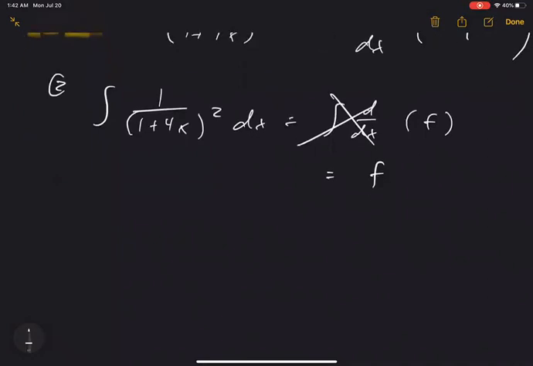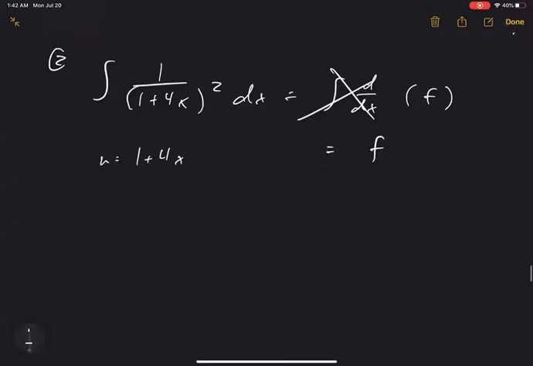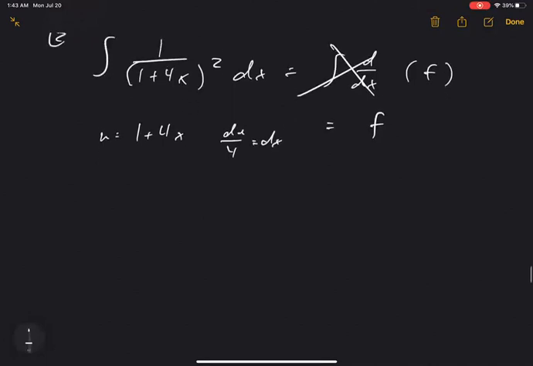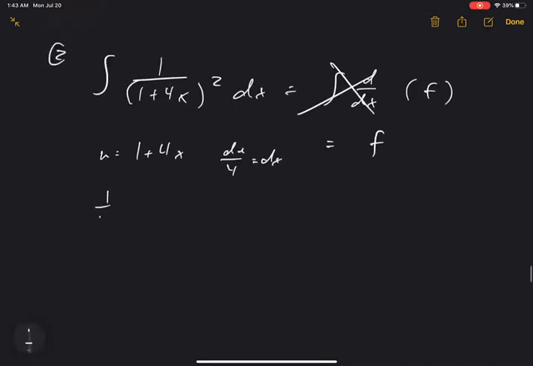It's a u sub, u equals 1 plus 4x. So du over 4 equals dx. And let's see, that integral ends up being 1/4. This should be the integral, I believe, right?